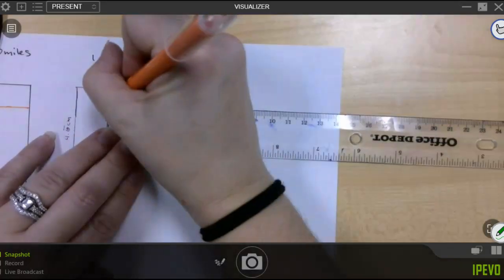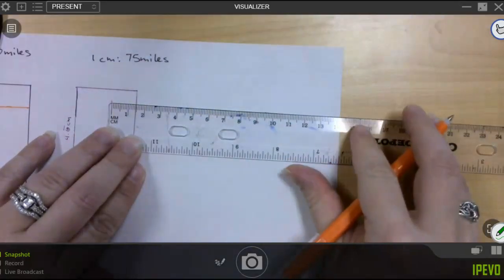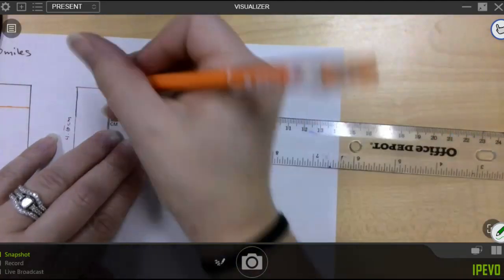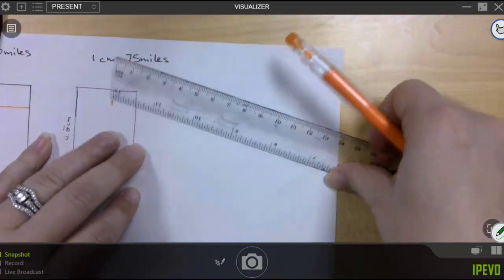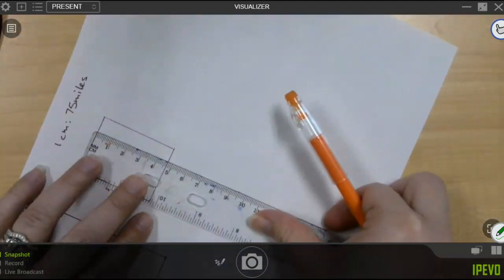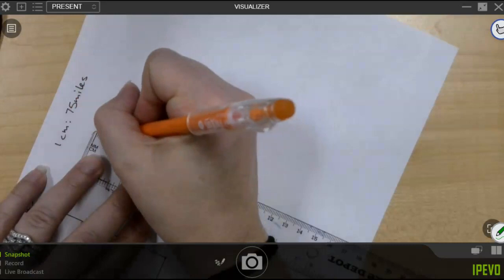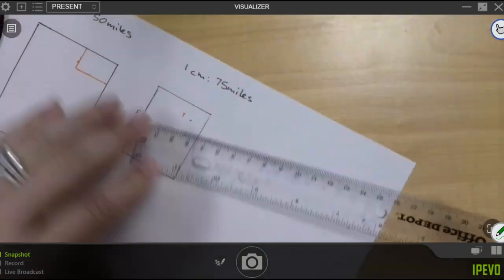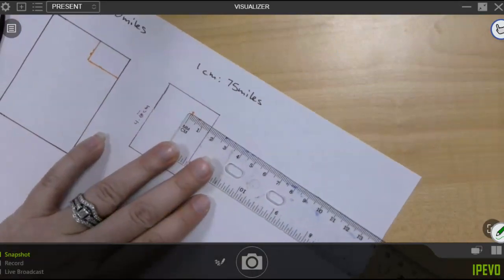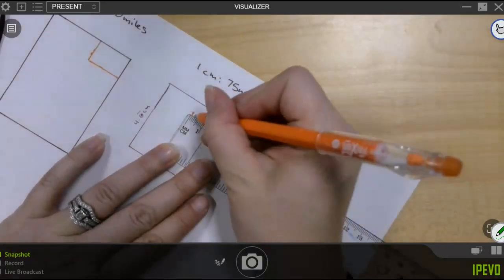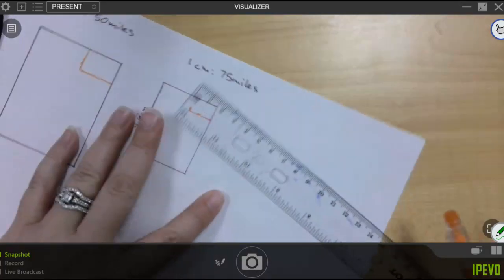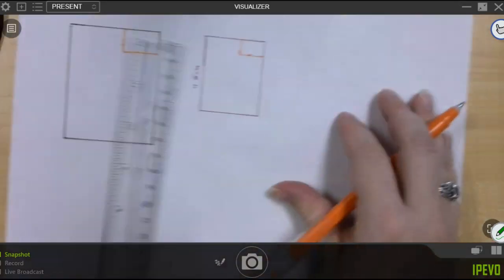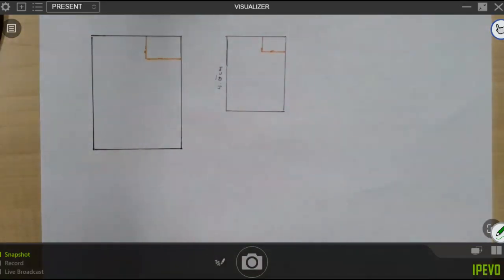I'm going to mark it there. Probably a little bit inside. And 0.93 tall. So there's 0.93 repeating just a little bit after that. All right. And there's my second scale drawing of Utah. I'm going to take a screen grab of that.